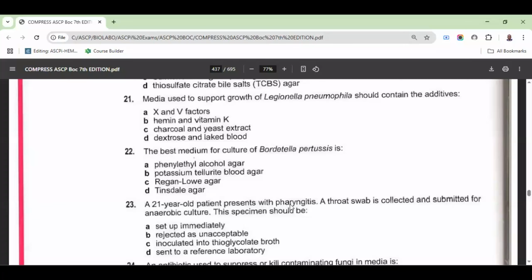And then we have also potassium tellurite blood agar. This one is special for diphtheria. Yes, it's for Corynebacterium diphtheriae. The last one I don't even remember: Francisella. I think sometimes ASCP can confuse you with terms that we don't even have in our countries.